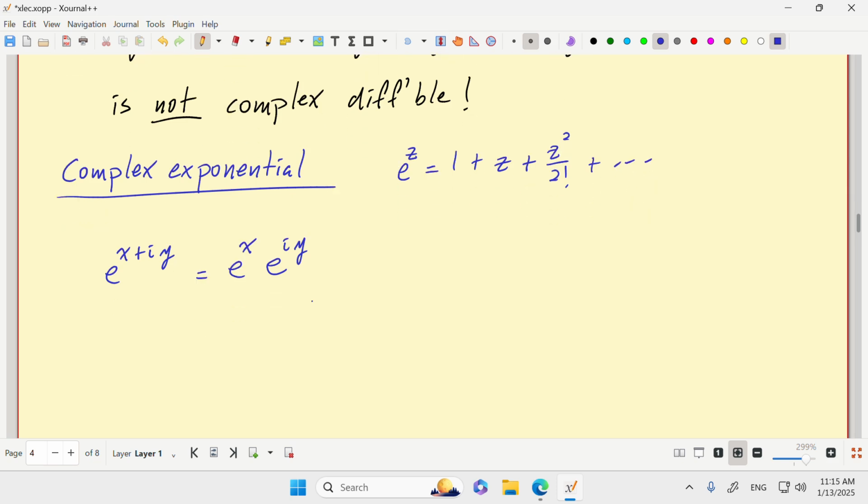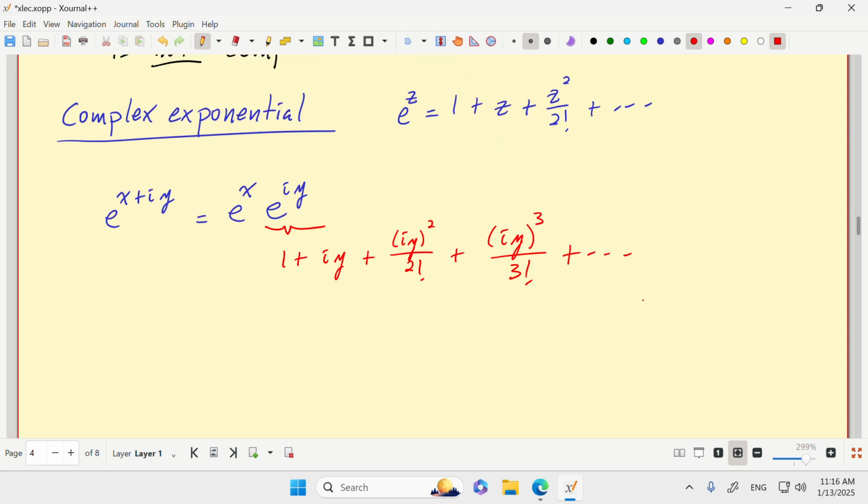And e to the iy, when you write it out, is 1 plus i times y plus i times y squared over 2 factorial. And of course, i squared is minus 1. And then we get plus i y cubed over 3 factorial. i cubed is minus i. And so Euler sat down and wrote that out carefully.